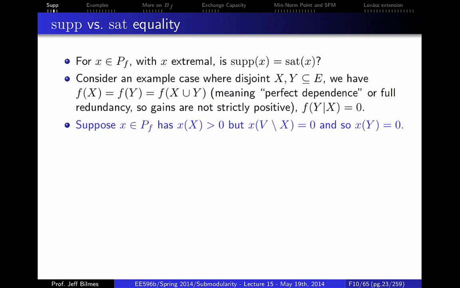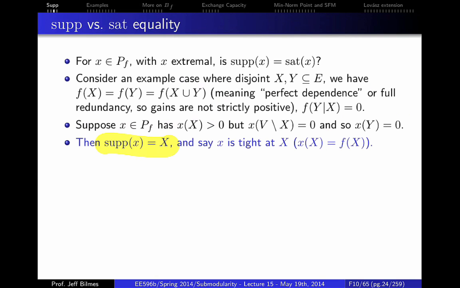Now suppose we take a particular x that's non-zero at x, but it's 0 everywhere else, and therefore its valuation on y, which we're assuming to be disjoint, is 0 as well. So this is x and y disjoint. Don't forget about that. Then the support of x, since x is only non-zero there, is equal to x.